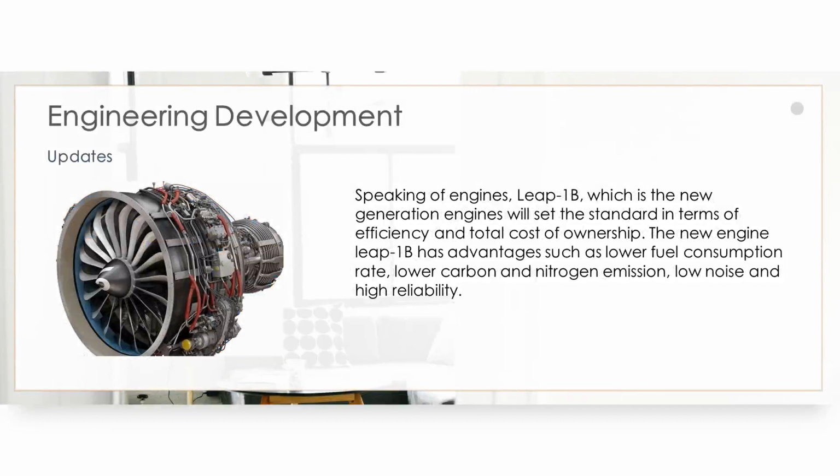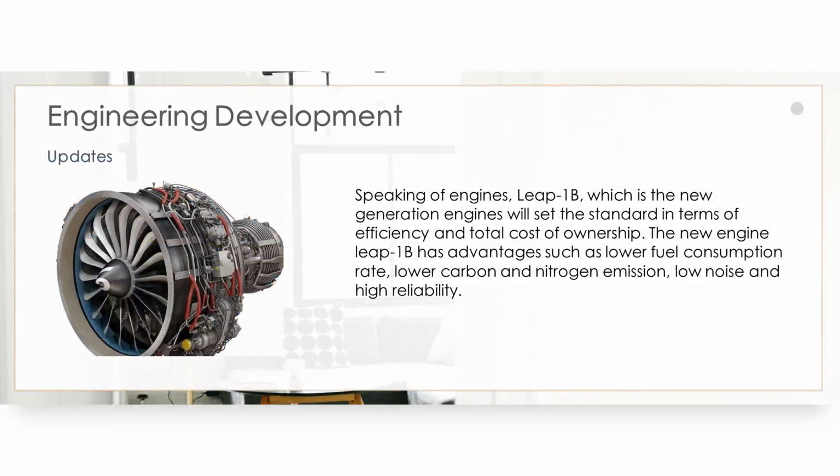Now let's talk about the engines. The engine we said is a new type that no other plane used. Speaking of the engines, the LEAP 1B, which is the new generation engine, will set the standards in terms of efficiency and total cost of ownership.